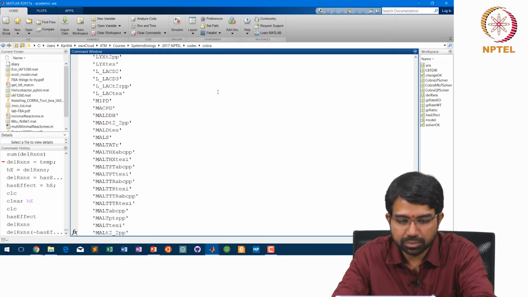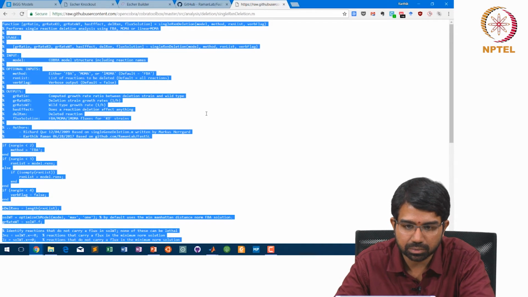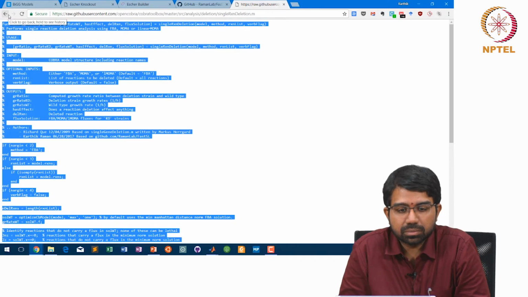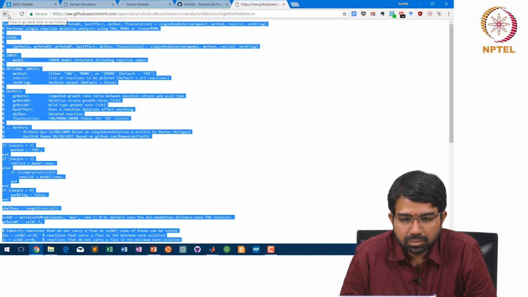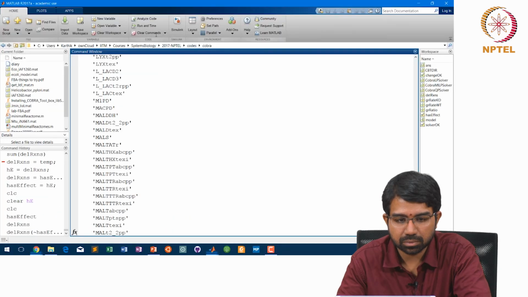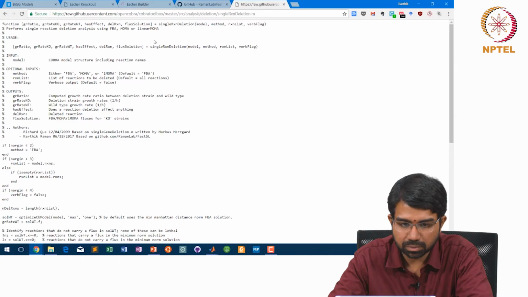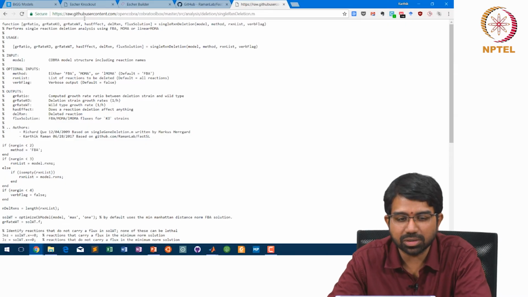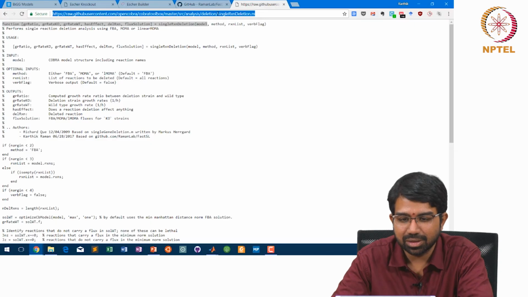So if reactions A and B lead to reaction C and you remove A, okay, then has effect will be 1. The code is not wrong. I had given the arguments in the wrong order here. The gene deletion and reaction deletion orders are different. Let's just see.